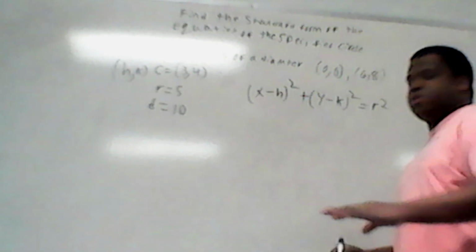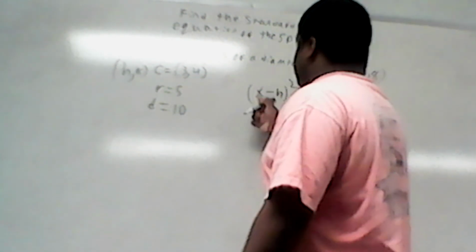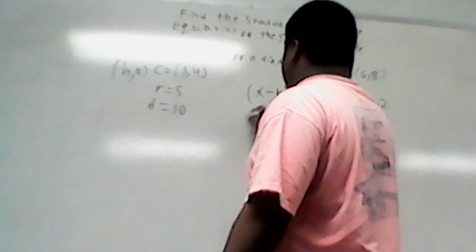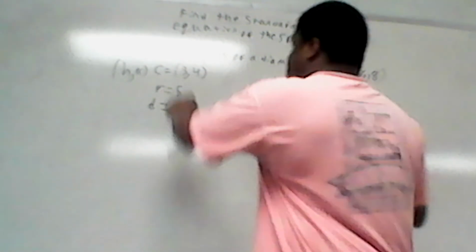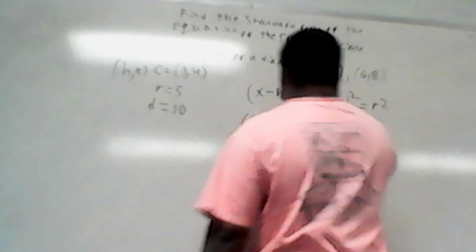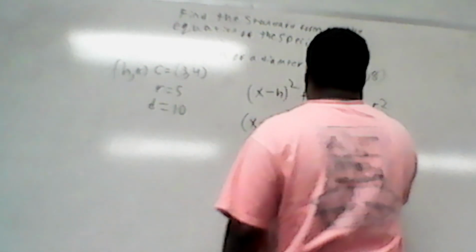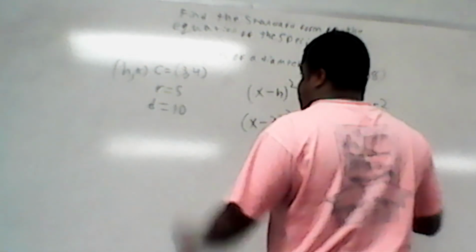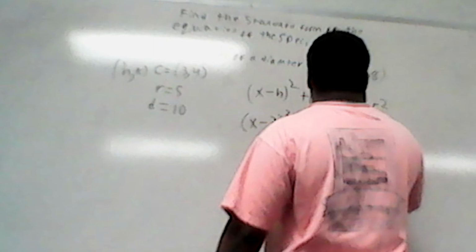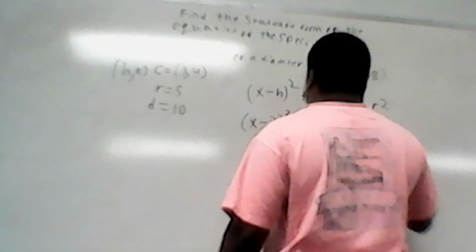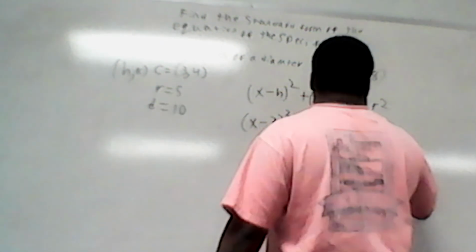Okay? Now I'm just going to plug in. So here I don't have anything to plug in for x, so I'm just going to have x minus, my h is 3, so I'm going to plug in 3, squared, plus y minus my k is 4, squared is equal to r squared, which is 5.